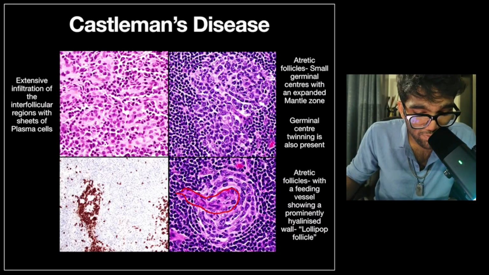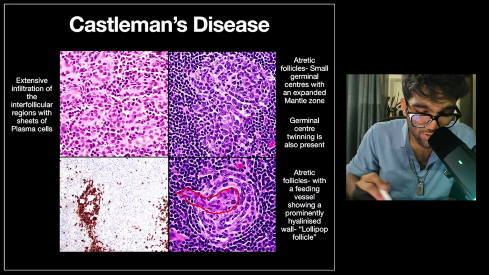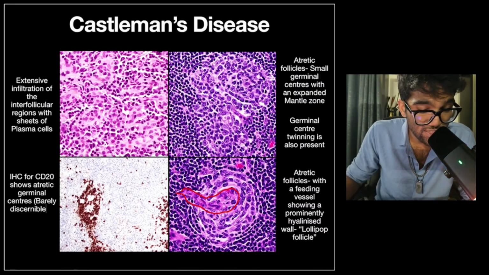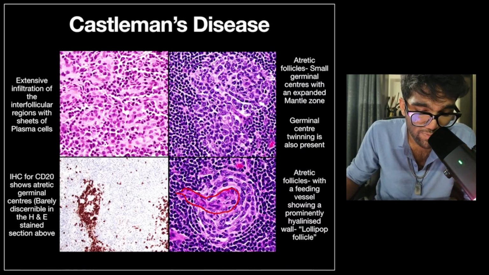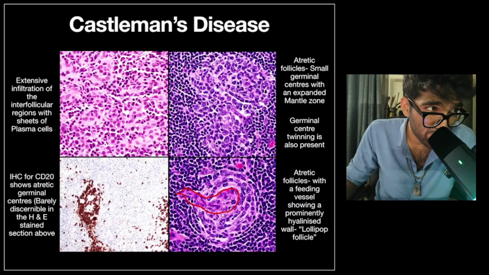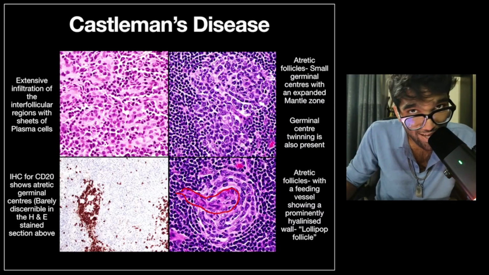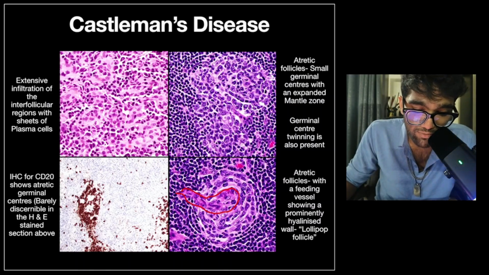And how do I know they are plasma cells? Because what I've done now is the IHC for CD20. Now, CD20 is expressed by all B cells except for the first B cell in the production line, that is your pro B cell, and the last B cell derivative, that is your plasma cell.